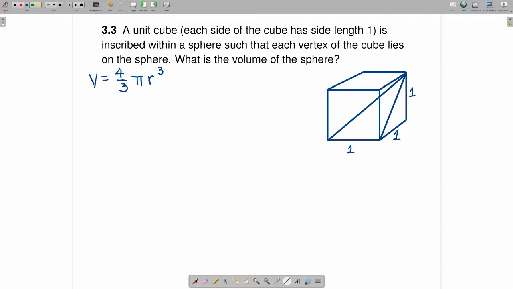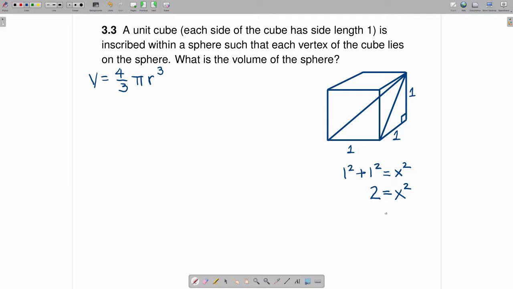So by Pythagorean theorem, if this side is length 1, this side is length 1, and we have a right triangle, and there is the right triangle, then we know that 1 squared plus 1 squared will give you the length of the other side squared. So we're letting x be the length of this side right here, and we know that 1 squared plus 1 squared is equal to x squared, and when you take 1 squared, which is 1, and 1 squared, which is 1, add them together, you get 2.